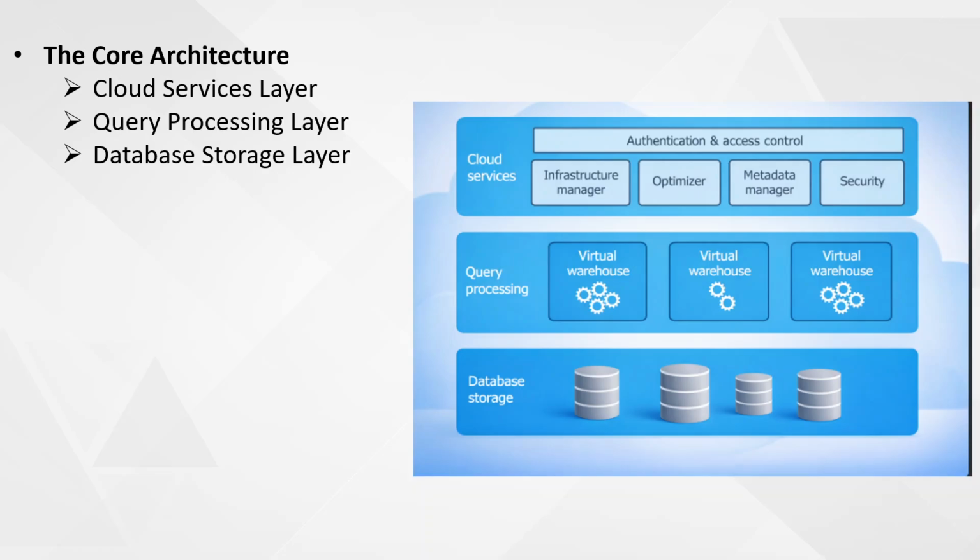If you don't have much understanding of what these layers are, how they work, or the features of each individual layer, no need to worry. We will go very deep into all three layers, and by the end of this video, we will have a very good understanding of all three layers.